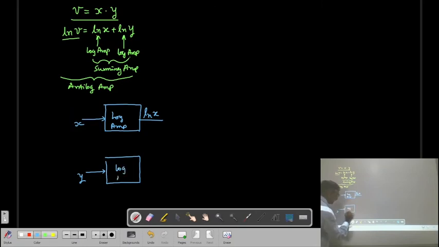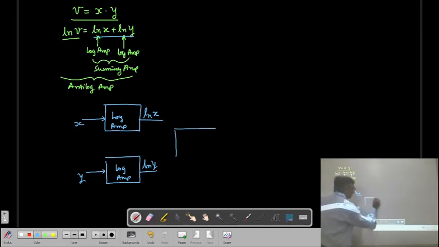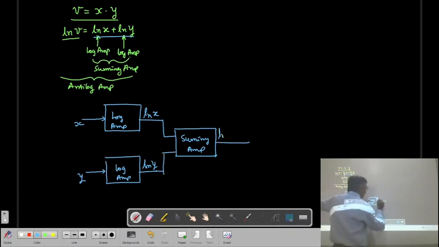Another log amplifier will generate ln y. Now we require the summation of these, so the outputs are given to a summing amplifier, which gives ln x plus ln y.